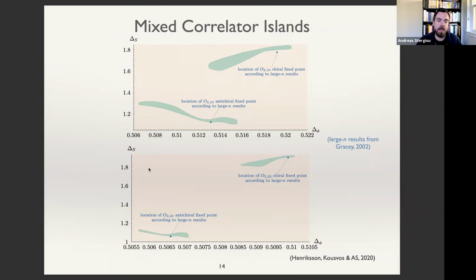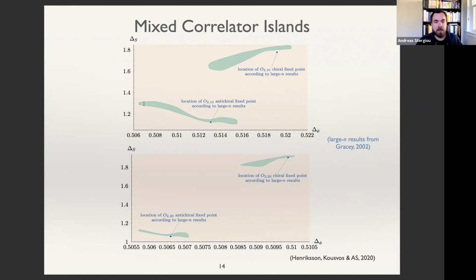And finally, we were making an assumption that this next to leading singlet had dimension higher than 3 for the chiral fixed point, and higher than, sorry, 2, I think, for the antichiral fixed point, which is supposed to have a second relevant operator, it's supposed to be tricritical, the antichiral one.